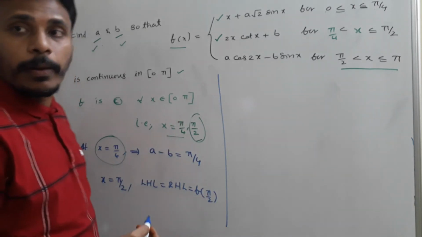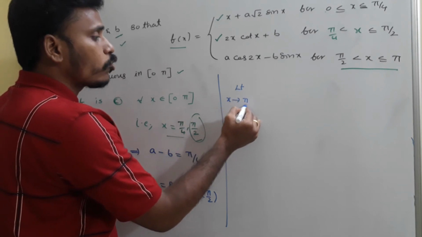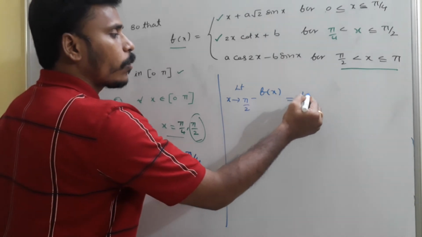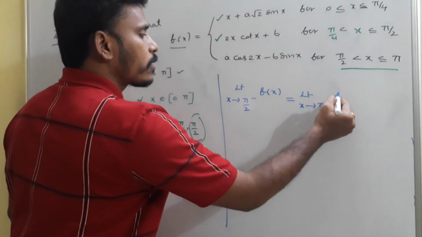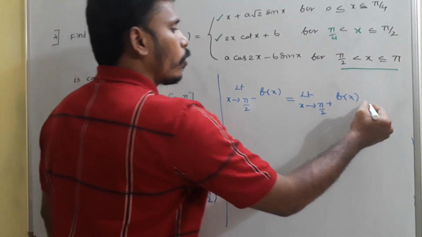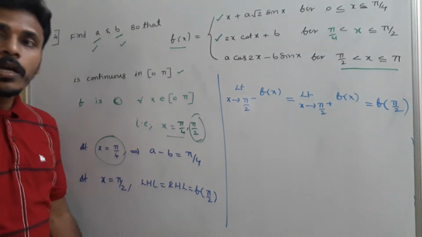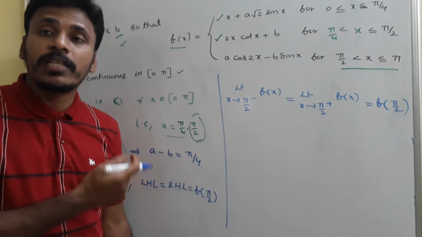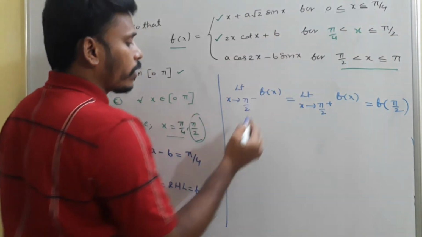Left hand limit at pi by 2 in the sense limit x tends to pi by 2 minus f of x is equal to limit x tends to pi by 2 plus f of x is equal to f of pi by 2. Now x tends to pi by 2 minus, in the sense x is less than pi by 2. Since x is less than pi by 2, use the first definition.